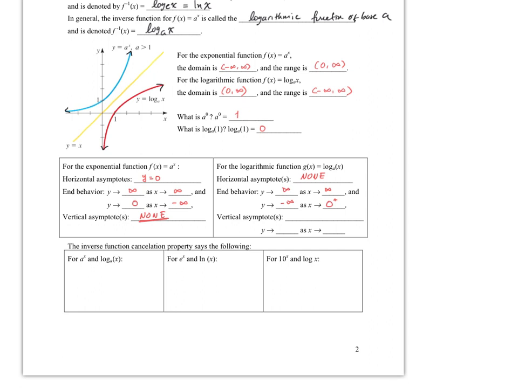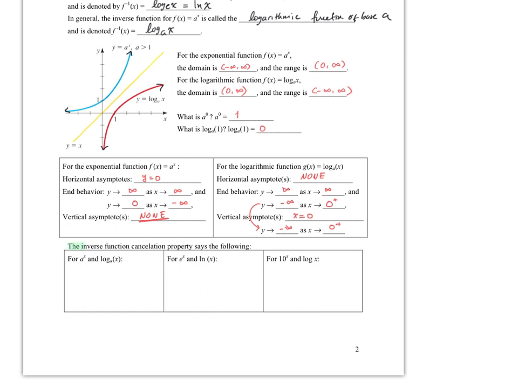And therefore the vertical asymptote is going to be x equals 0. Therefore you just repeat this in here. This will go to minus infinity as x goes to 0 from the right side.